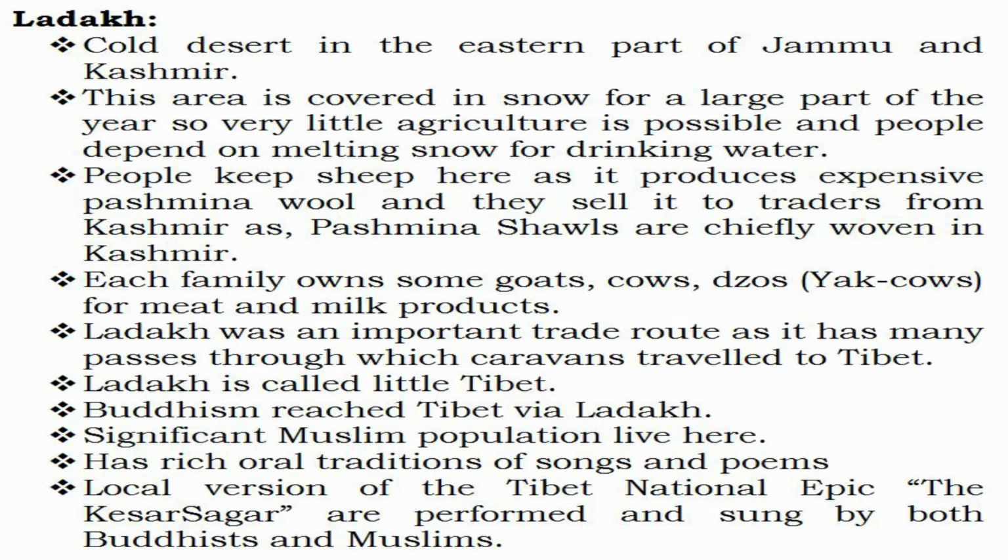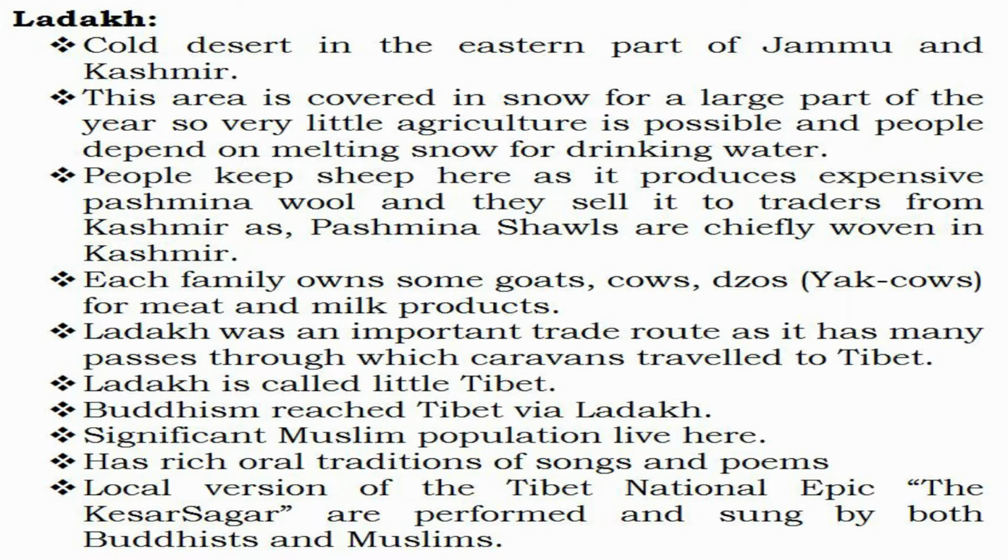Only jowar, bajra like that, and the main occupation the people used to have, the camel riding, tourism, attraction are all there. So same case here, because the snow is covered all the year, little agriculture is possible. So what are they doing, the people of this union territory, they depend on sheep.